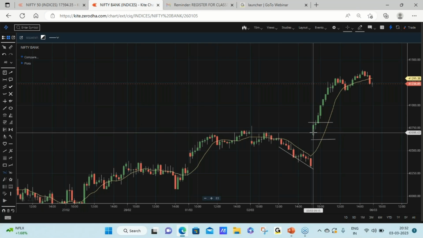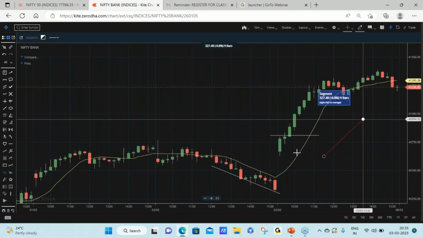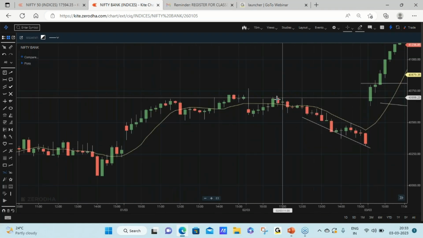Be it red or be it green, the closing is important. For example, this red candle is closed above 10 SMA, right? Do you have the body above 10 SMA or below for this? Above, right?